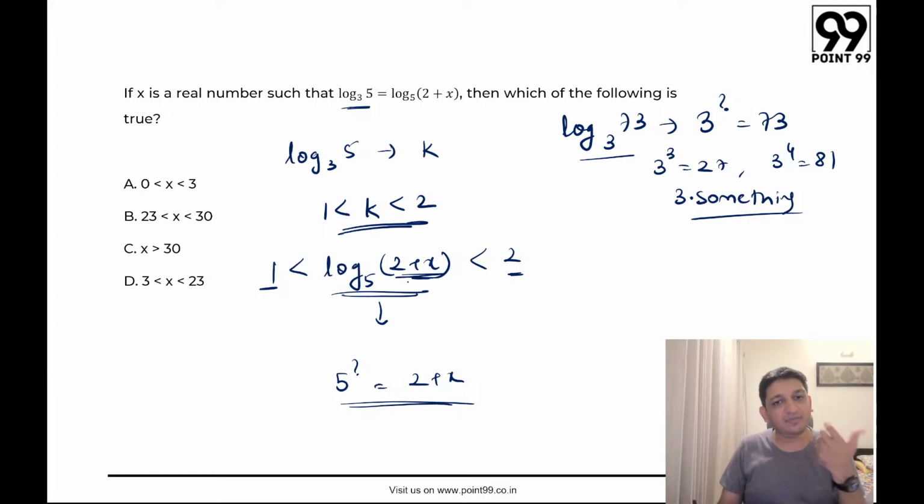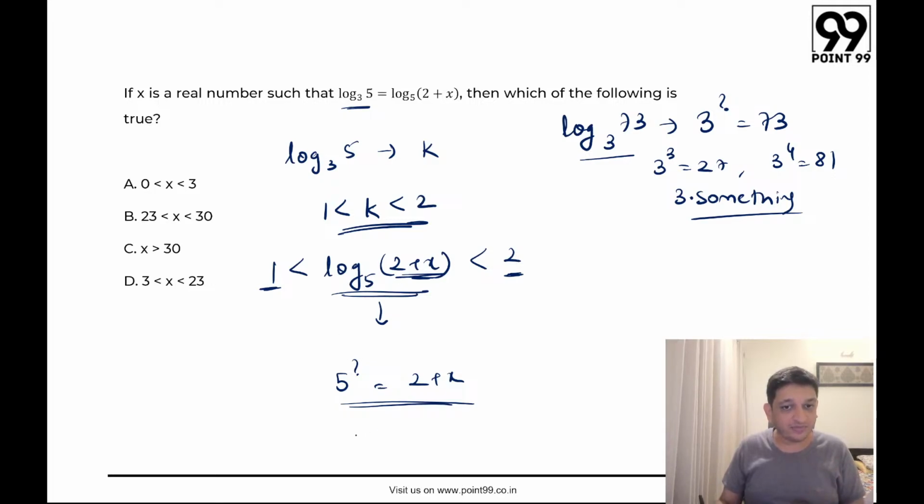And if you are not able to, just try to put in some value here and see what happens. If I put 100 here, it will be 102. 5 raised to what is 102? It's between 2 and 3, but the value has to be between 1 and 2, na? So 5 raised to question mark is equal to 2 plus x, and the value of this expression has to be between 1 and 2.